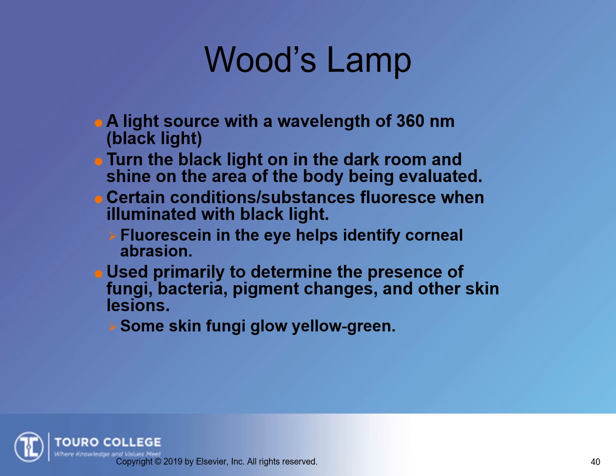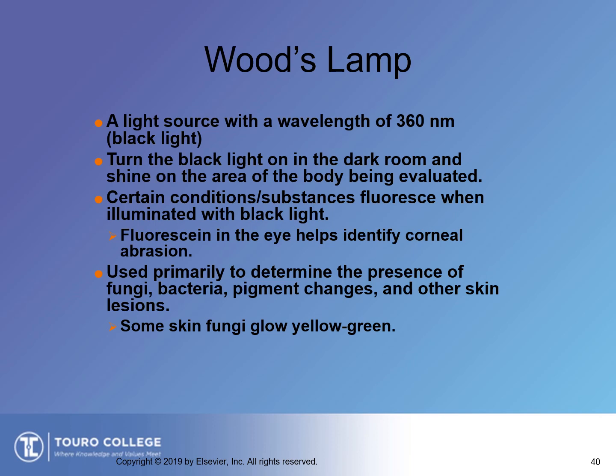A Woods lamp. This is a source of light that will help you identify certain conditions. Okay, so let's first talk about an eye. This Woods lamp is a black light.